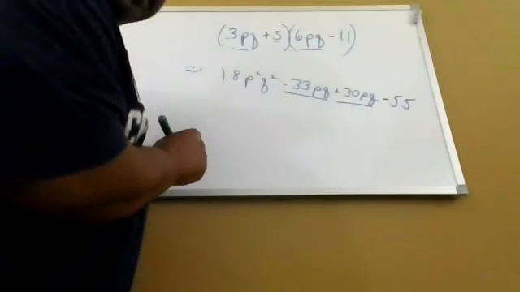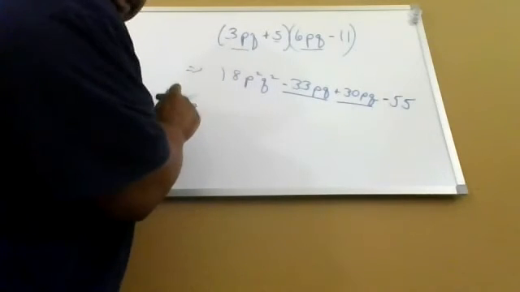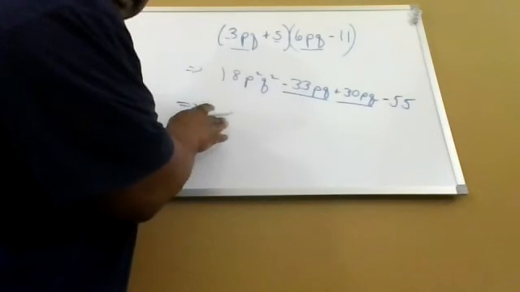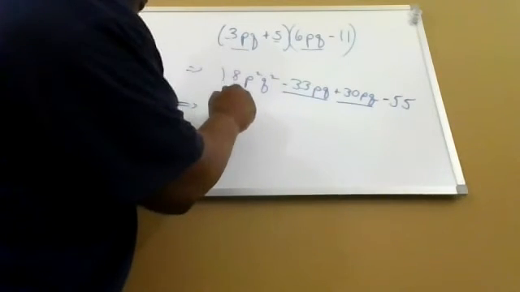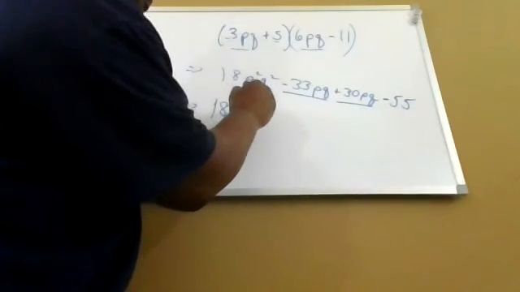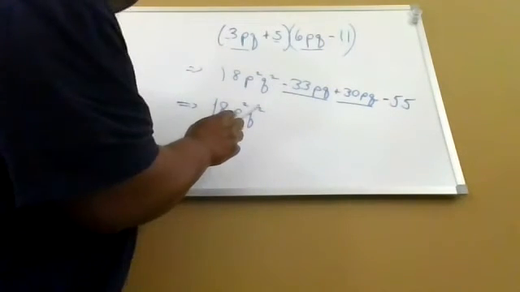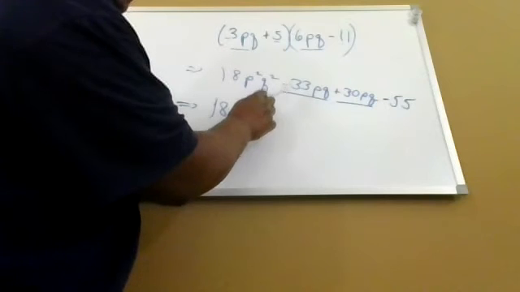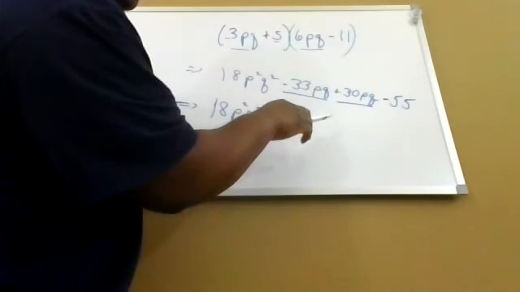So now this is going to equal, I bring down the 18 P squared Q squared. And now I have negative 33 PQ plus 30 PQ.